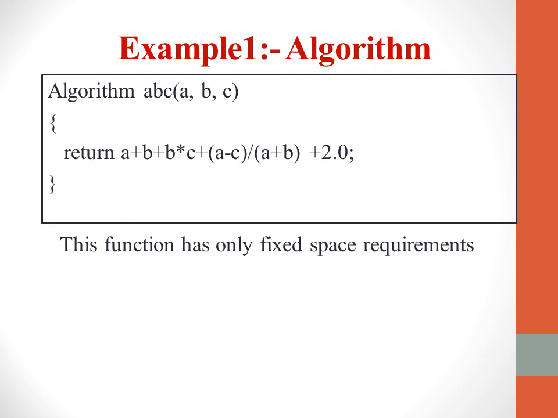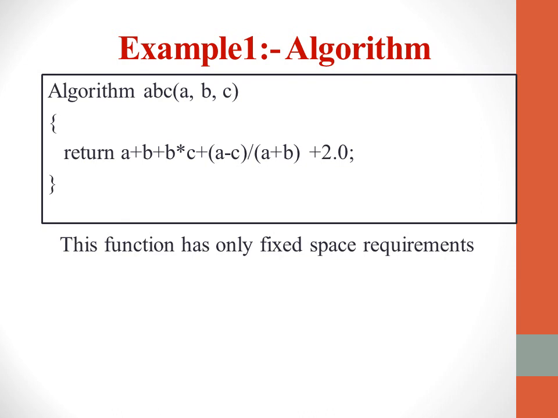So example 1, here a small algorithm is given having the name ABC and the variables are also A, B, C, and it's returning the combination of values related to ABC. So this function has only a fixed space requirement. Why are we saying this? Because this function has variables A, B, C and no instances for any other variable or any other thing.